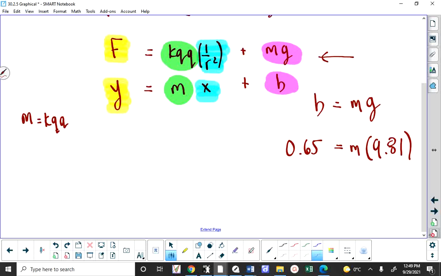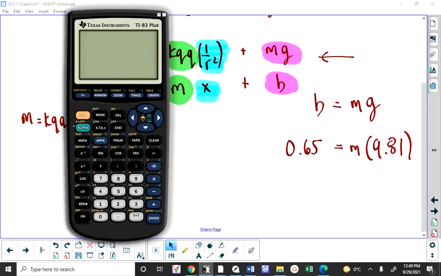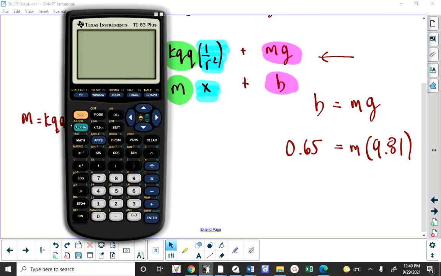So what is 0.65 divided by 9.81? It'll be a little bit more than 65 grams. So 0.066 kilograms, which would be 66 grams, which is outside of my range, but that's why I said I'm going to change the answer so it reflects that.